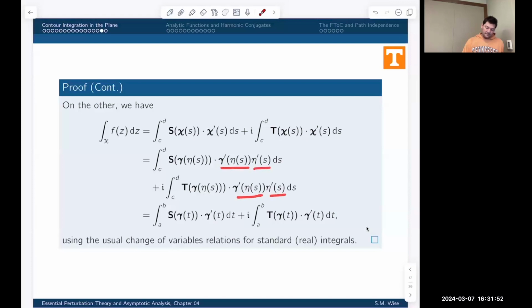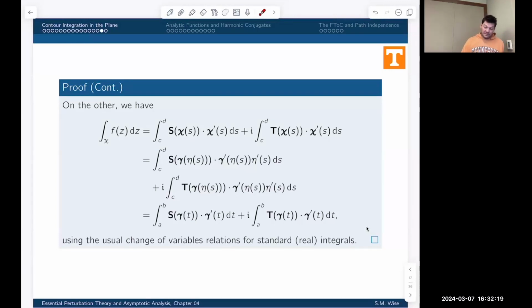Gamma prime, eta prime. Now, by the real change of variables formula from real land, this guy is just equal to this, okay, because of real change of variables. And same here, because of the real change of variables formula. Remember, we're allowed to change variables when we do regular integrations. And the change of variable formulas are exactly as you know them, right?